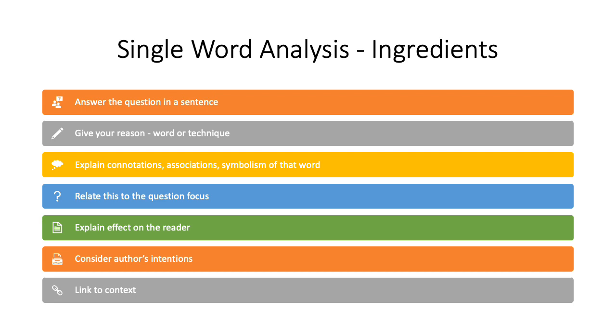The next stage in the paragraph, looking at the words that you've given, you need to explain the connotations or associations or symbolism of that word. So, for example, if I'd said, the writer presents Piggy as being kind, and then I'd given my reason. So the reason I think this is because he says gently to Ralph that they might consider calling the others.